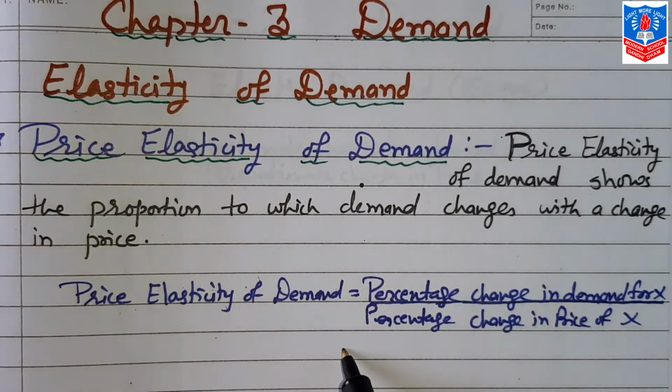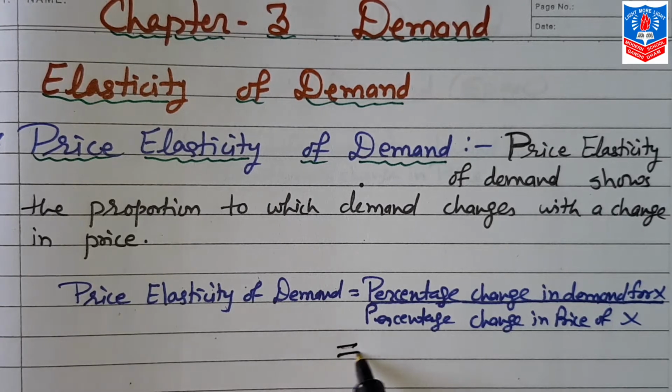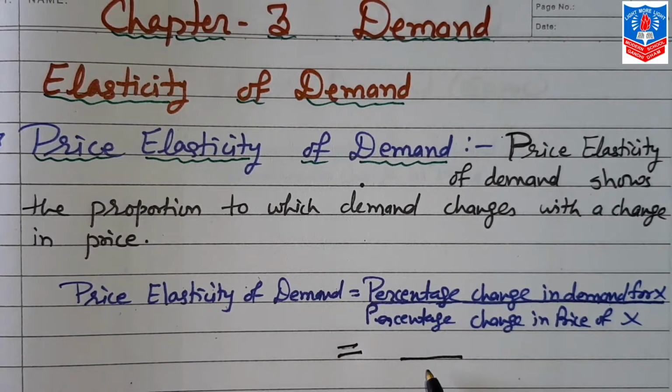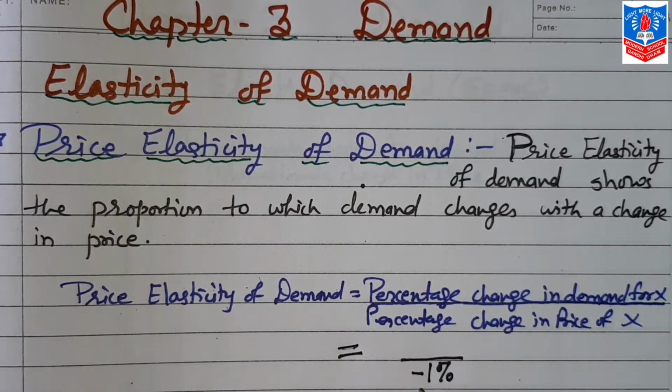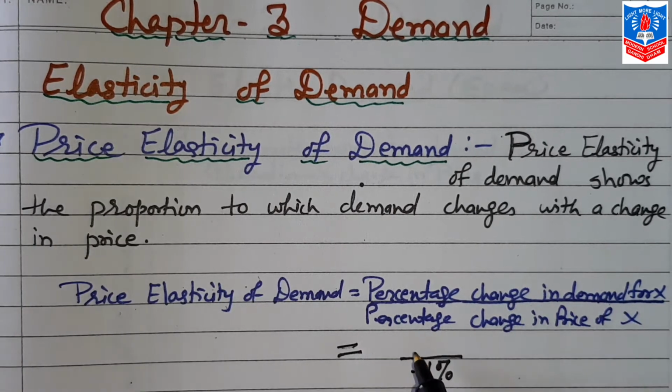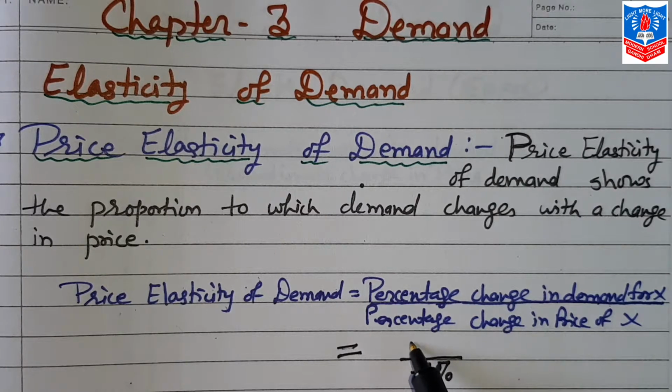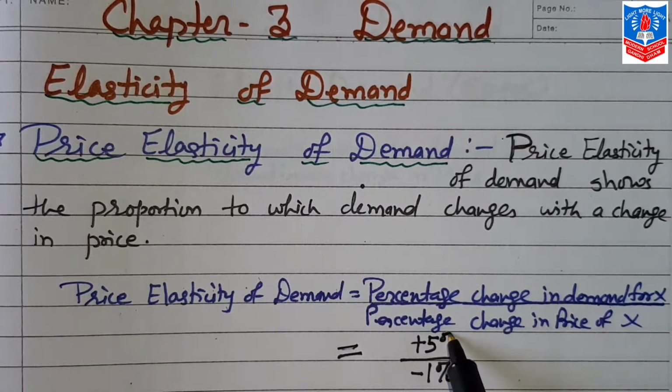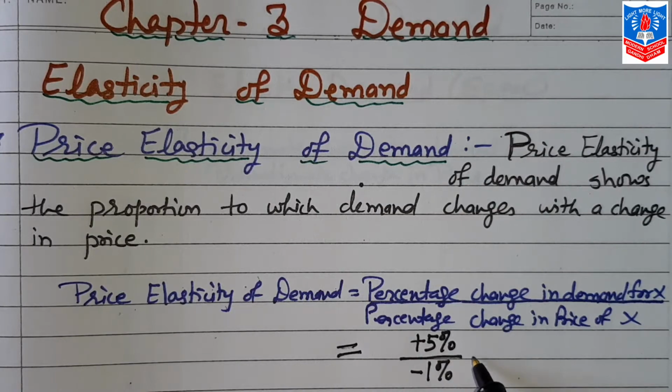Now here, take an example: suppose there is a decrease in the price, that is 1%, and because of the decrease, obviously this value will be in minus. Now the percentage change in demand, because of the decrease in the price, obviously demand increases, so it will be positive. Say for example it is 5%.